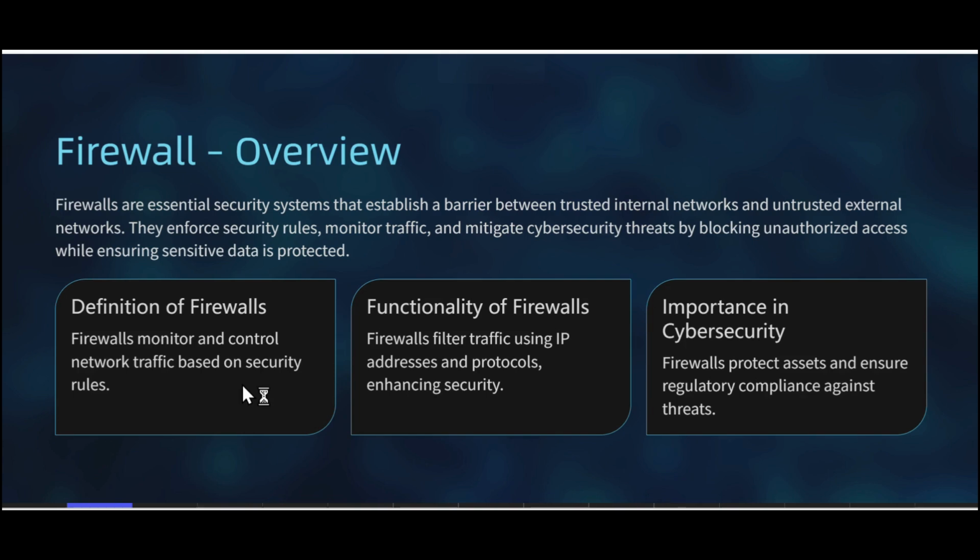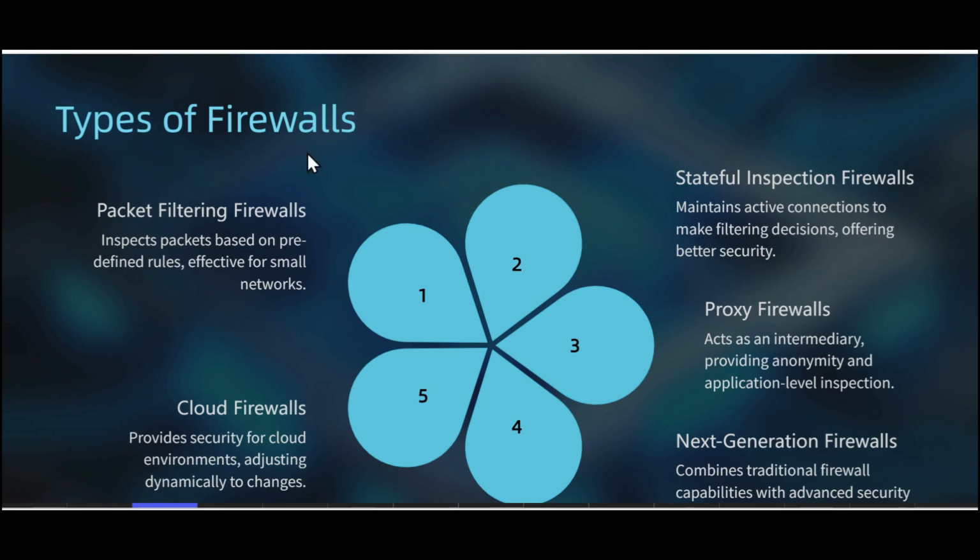Firewalls come in several types. The first one is packet filtering, which inspects individual packets based on IP addresses, ports, and the protocol. They are fast and simple but offer limited security.